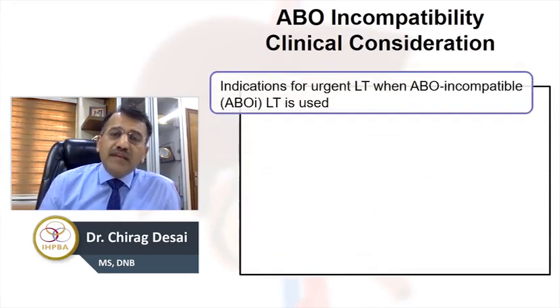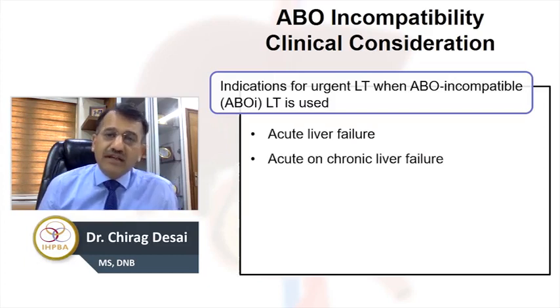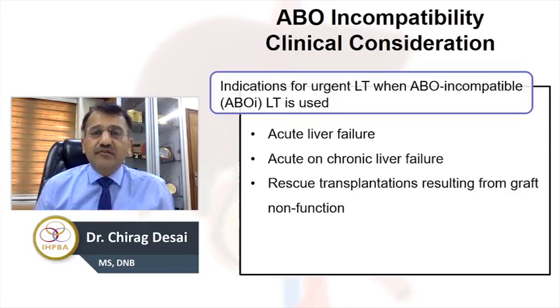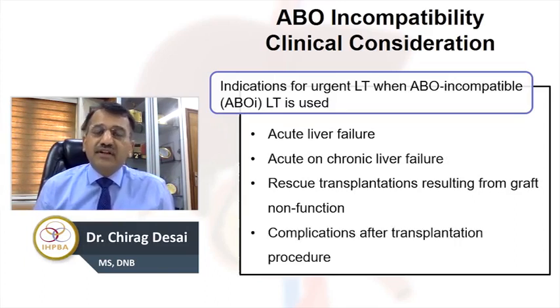So usually ABO incompatible transplants in cadaveric liver transplant scenario are done when emergency organ availability is there, especially in case of acute liver failure or acute on chronic liver failure, or when rescue transplants are necessary after non-function of the first transplant, or complication after transplant like hepatic artery thrombosis and similar other situations.